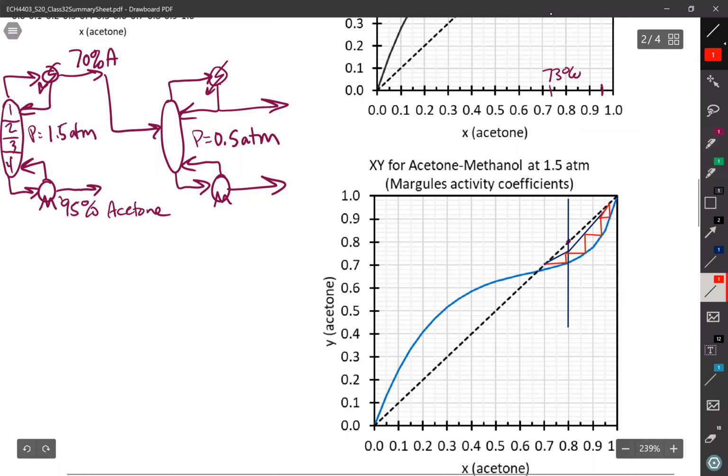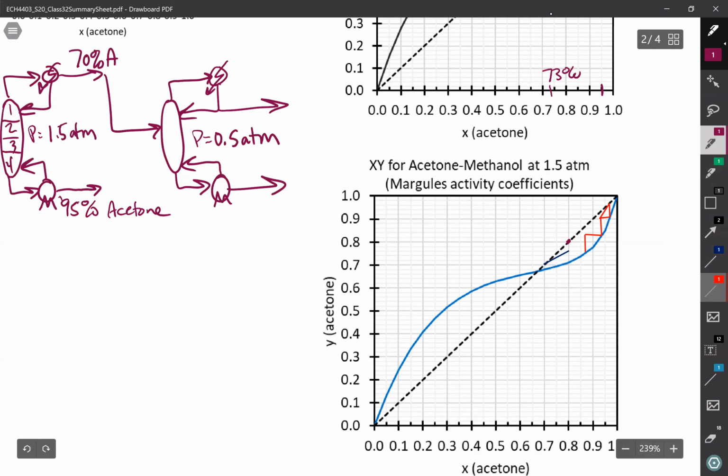So if I wanted to get a more precise answer, I'd continue to guess and check reflux ratios until I landed exactly on XB. I think that's close enough, especially for an in-class problem. So now that I've drawn the line properly, I can go through and figure out what reflux ratio that corresponds to. So I'm going to clean up my diagram a little bit.